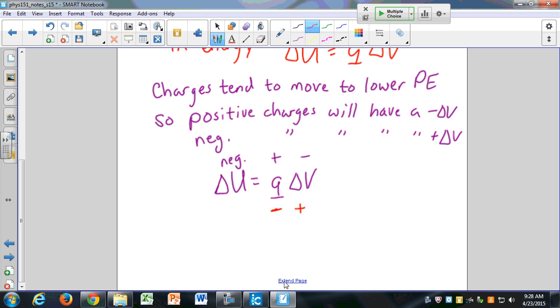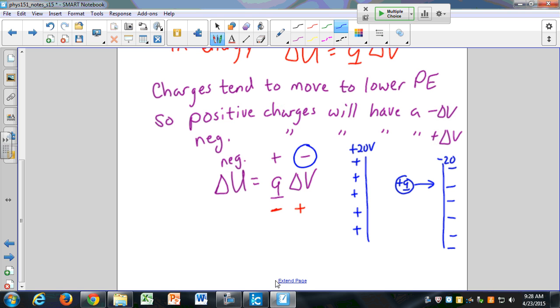So if we go back to our metal plates, I have these metal plates. This one's positively charged, this one's negatively charged. I'll call this one plus 20 volts, minus 20 volts. If I have a positive charge here, it's going to move in the direction of decreasing potential. So for it, delta V is negative. For example, my delta V for this charge will be negative 20, that's this voltage, minus 20, which is negative 40 volts.